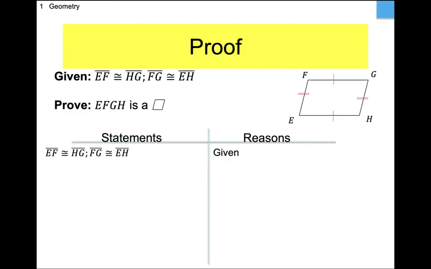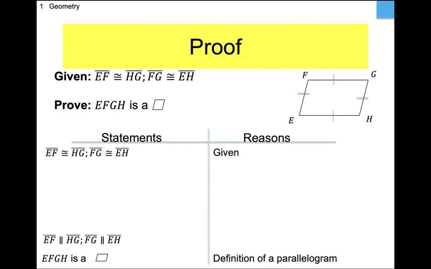Since we only have one way to show that a quadrilateral is a parallelogram so far, showing that opposite sides are parallel, that's how it's going to end. It's going to end with me saying that the left and the right are parallel and the top and bottom are parallel. To get there, I'm going to make two triangles.